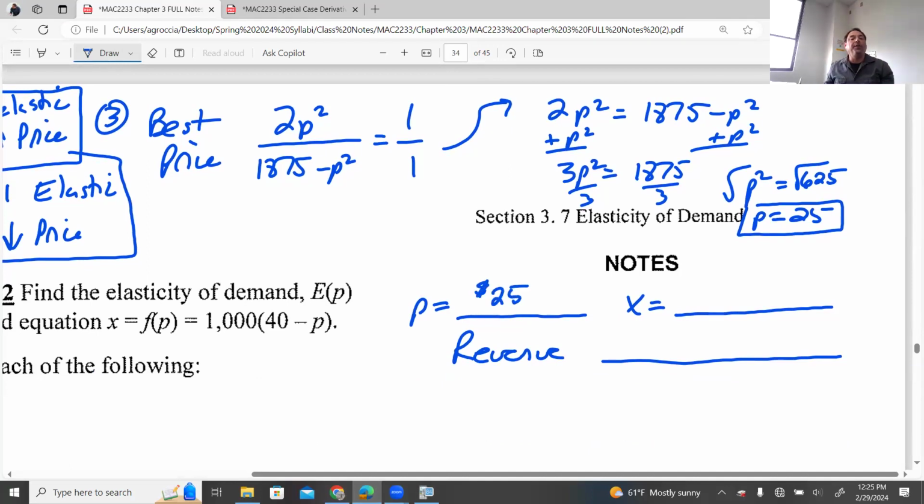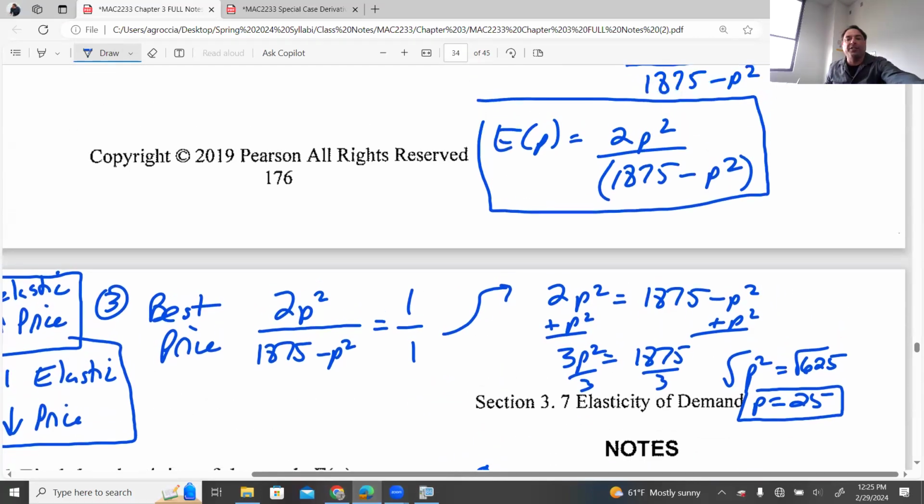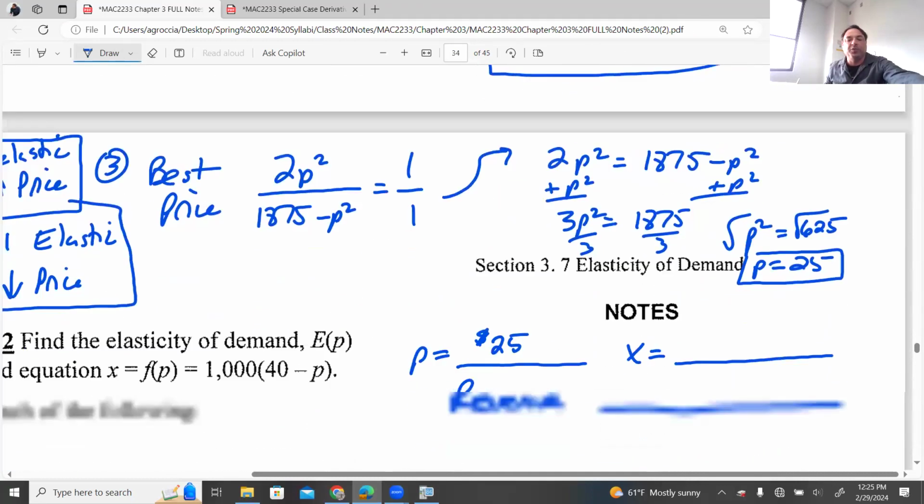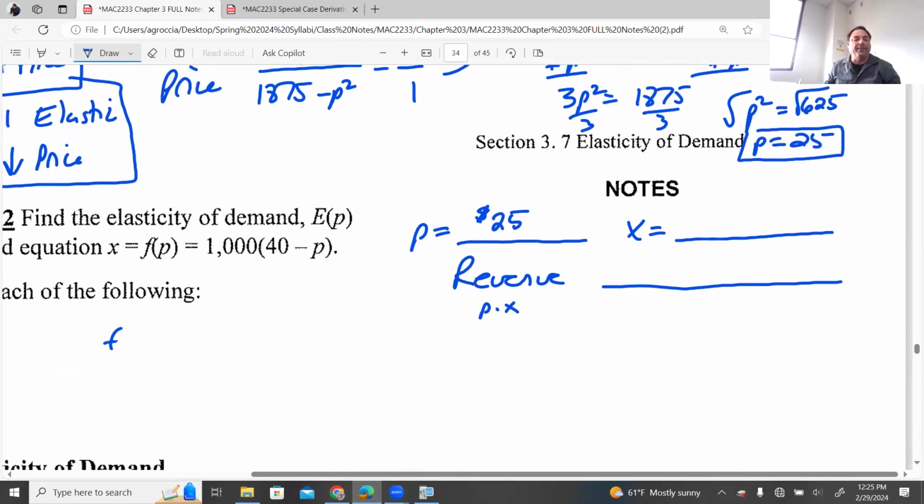But we do have all the pieces to find out revenue. Well, if you want revenue, you need price times demand. So we have the price. To find the demand, we're going to go back to the original formula, 1875 minus p squared. So f of 25 equals 1875 minus 25 squared.